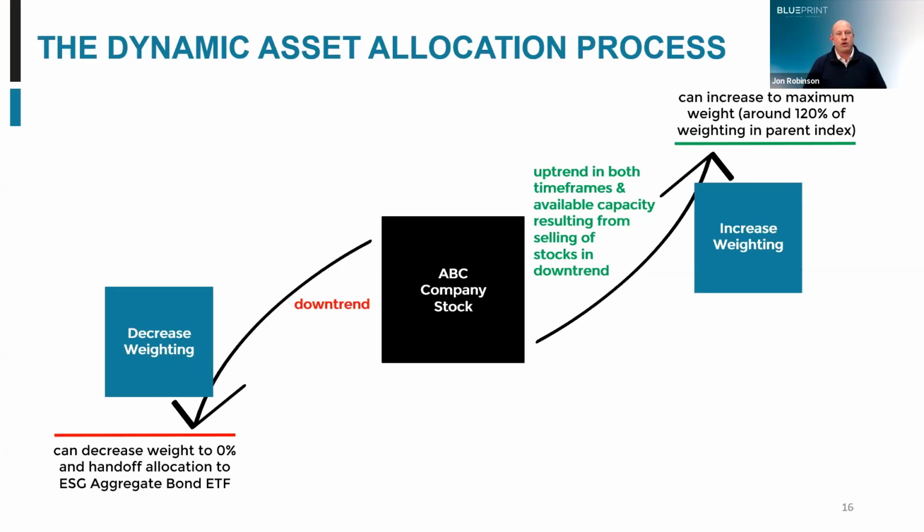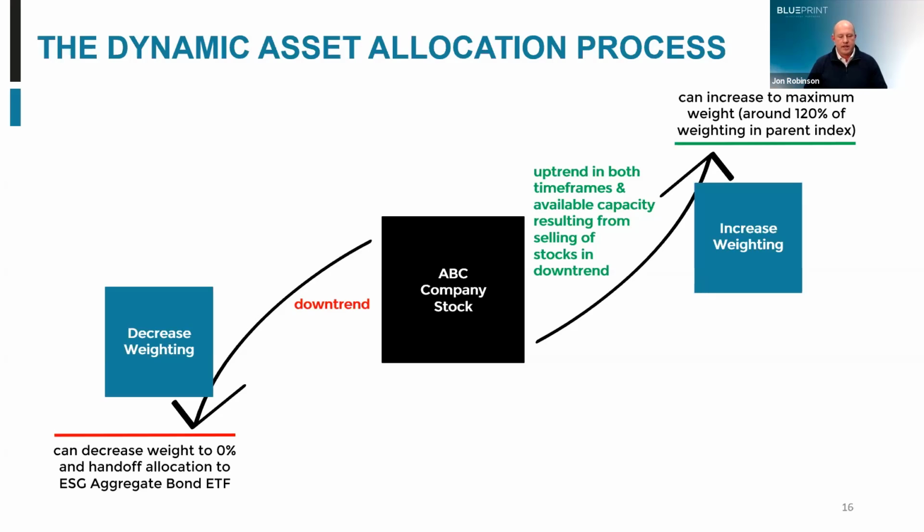If it's in a downtrend over both time frames, we can reduce exposure to zero and do one of two things with the proceeds. Redeploy back to rising trend stocks up to 120% of their weighting. And if all the stocks remaining are at their maximum allocation, then we hand it off to an ESG bond ETF for capital preservation purposes until the rising trends resume in the stocks that we've recently sold.